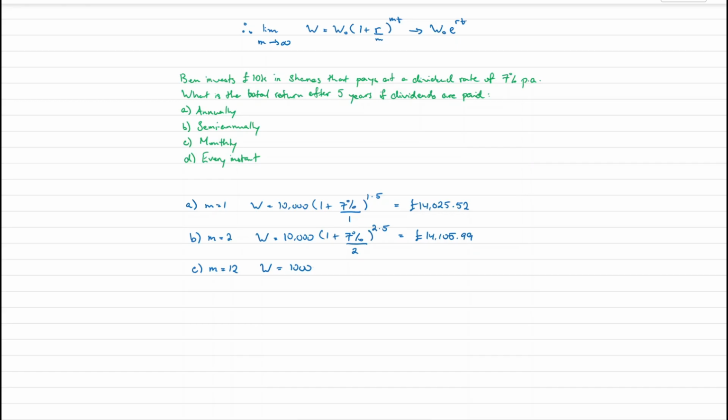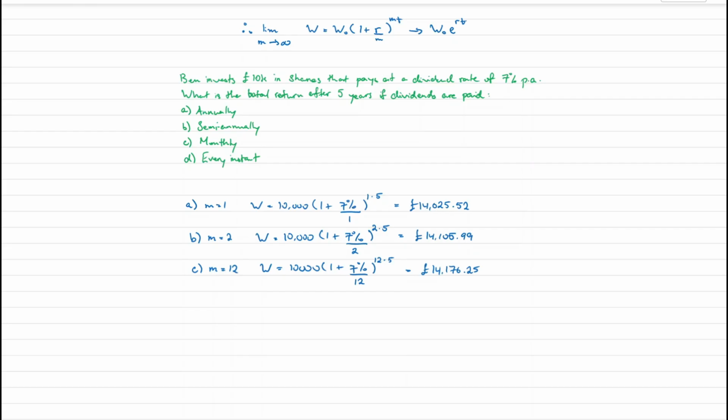10,000 (1 + 7%/12)^(12 × 5). That's 14,176 and 25 pence. And for the last one, dividends are paid every instant, which of course is practically impossible, but it will help me explain the next section.